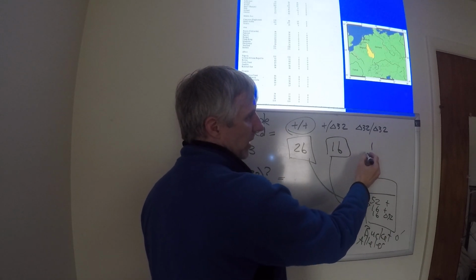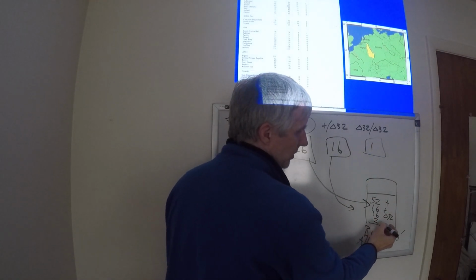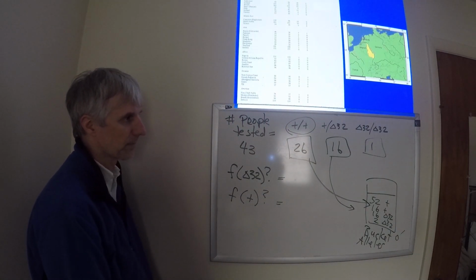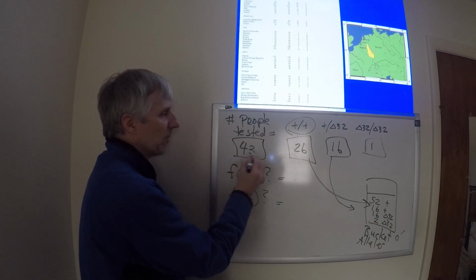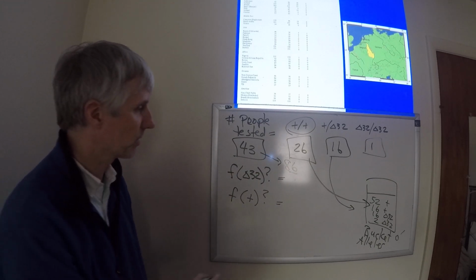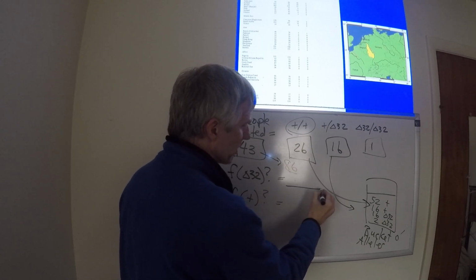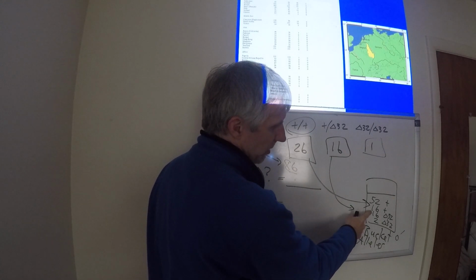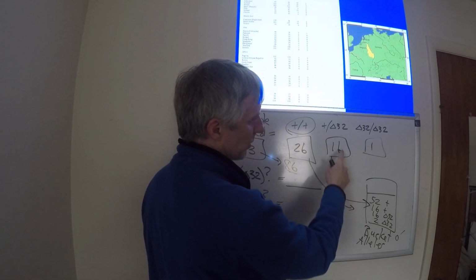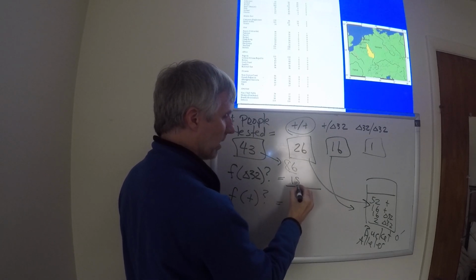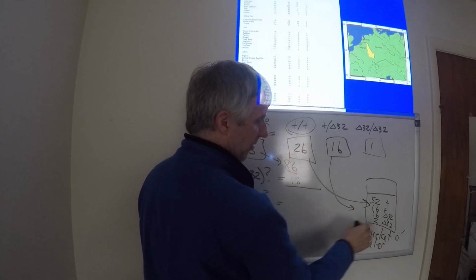This last individual contributed 2 alleles, both of which were delta 32. 43 people contributing 86 alleles. So, of the alleles in the bucket, how many are delta 32s? Well, there's 16 contributed by the heterozygotes and 2 contributed by the delta 32s.